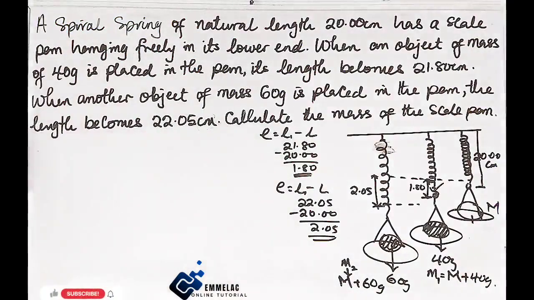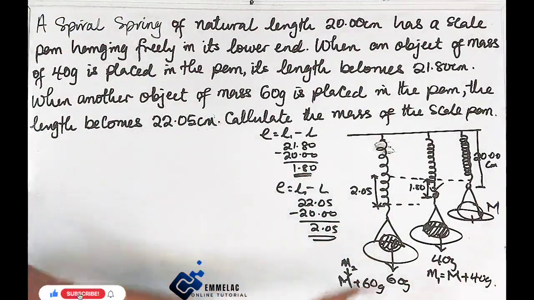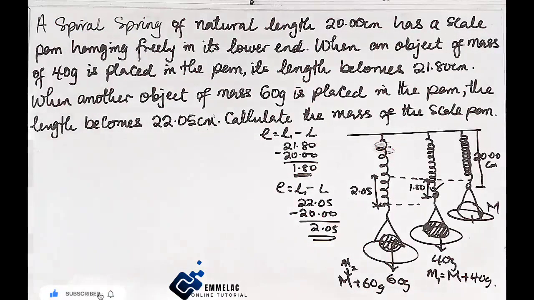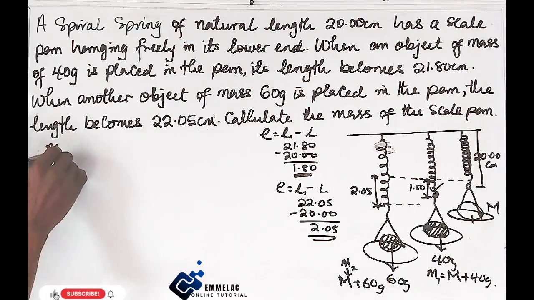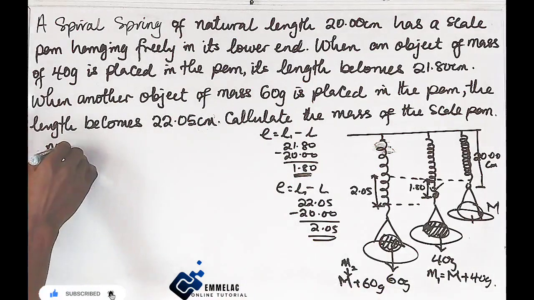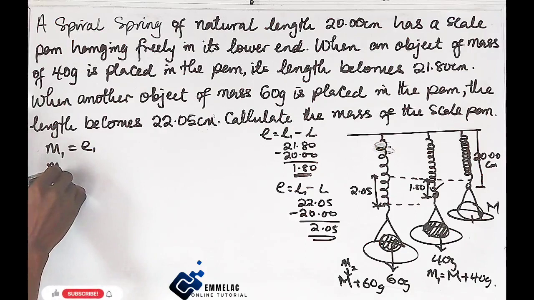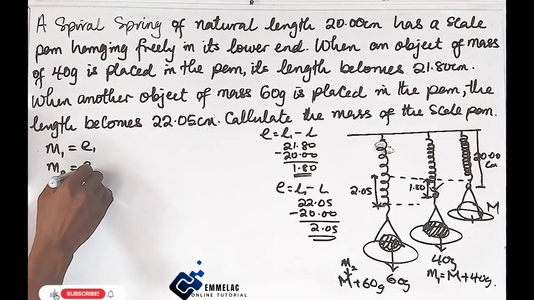Now we can see that the extension of this length is proportional to the mass, right? So if this is true, we can say here that M1 is proportional to E1, and M2 is proportional to E2.